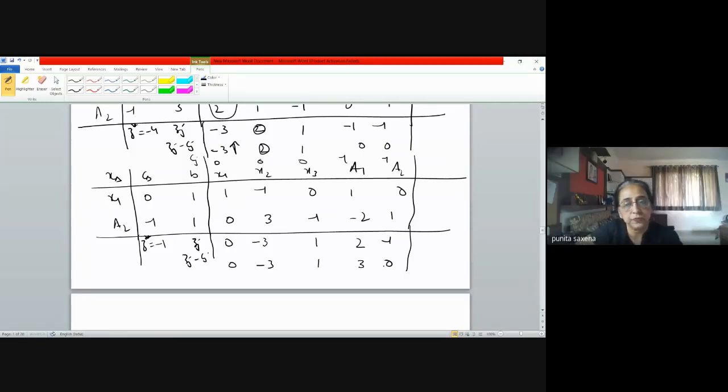Okay. So now again, we have only one negative Zj minus Cj, so x2 enters, right? This ratio, this term is already negative, so not to be considered. So the only option left is that A2 leaves the basis, right? So this 3 becomes your pivot element now.